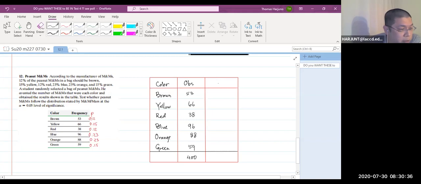Now how about the expected one? Not the expectation, but the expected count given the proportion. So this will be 0.12 times 400. That's 48. And then 0.15 times 400, which should be 60.